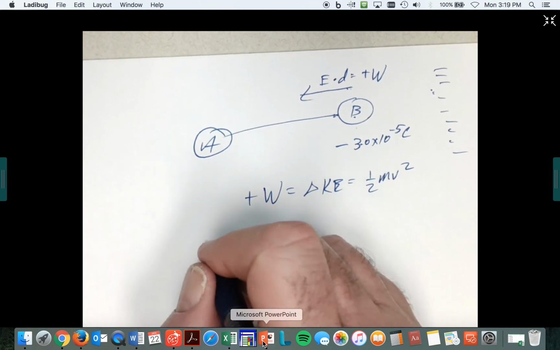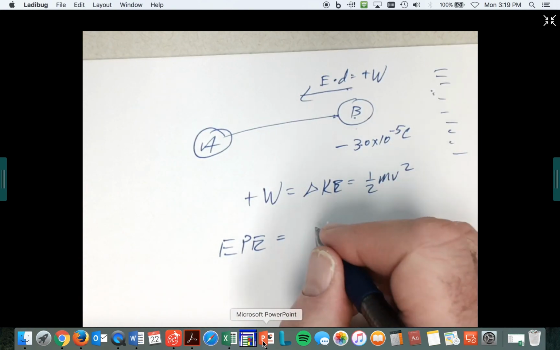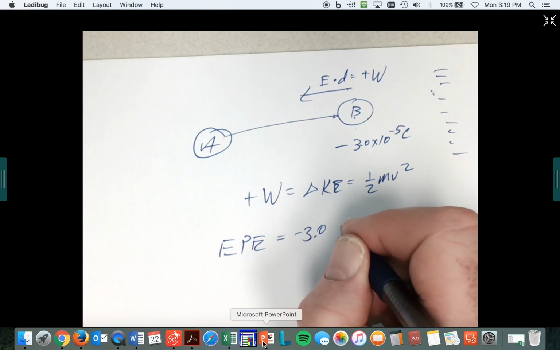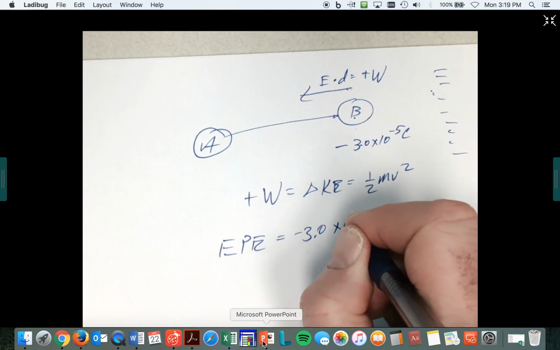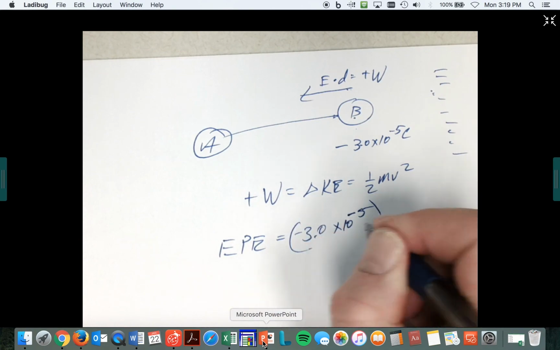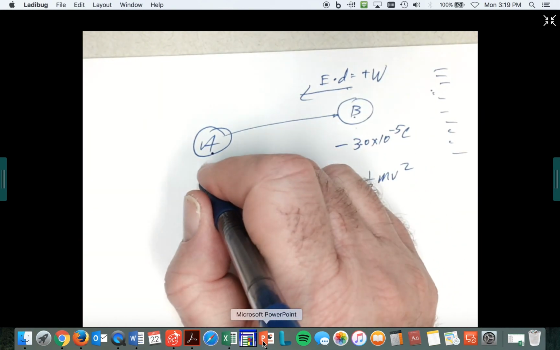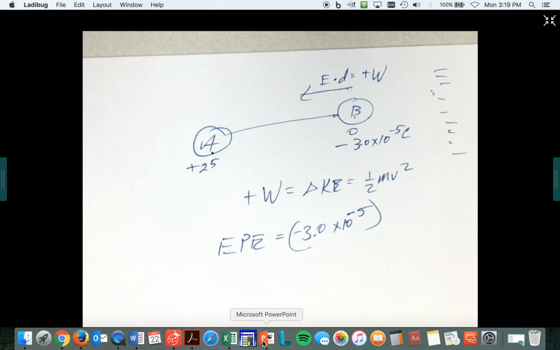So the change in electric potential energy is equal to Q, which is negative 3.0 times 10 to the negative 5. Now, remember, this one is higher. Say this is positive 25 and this is 0.